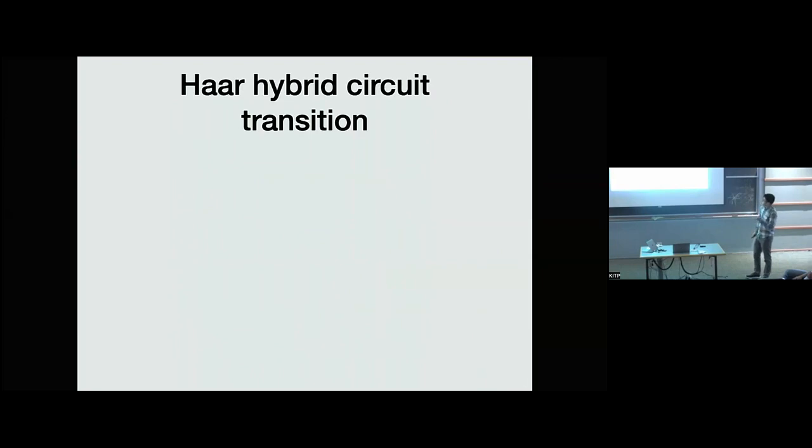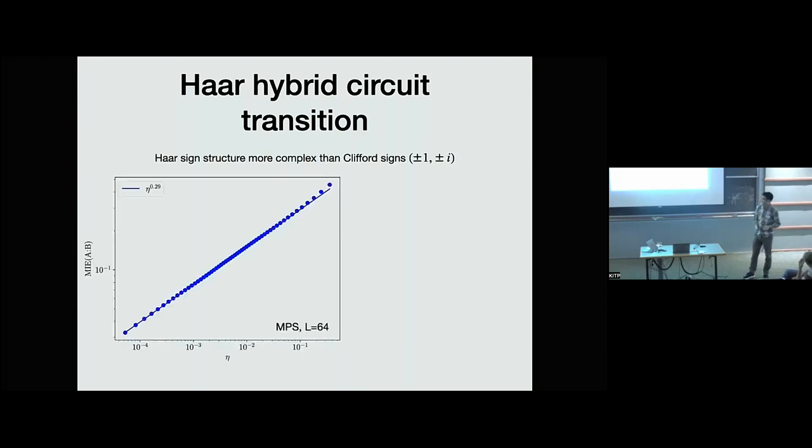We can also consider the Haar hybrid circuit. And as you know, the Haar sign structure is literally more complex than the simple Clifford signs of plus or minus 1, plus or minus i. So we expect that here the MIE should be even more long range than the MI. And indeed, that's what we find. For this hybrid transition, the power is 0.29, which is even slower than that of the Clifford power law.